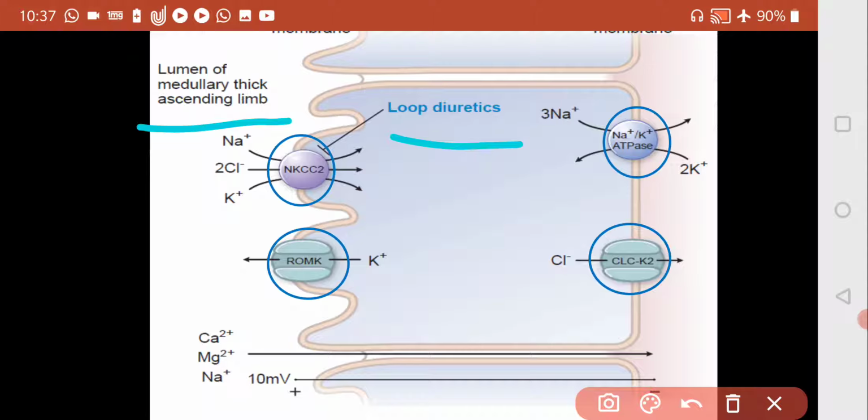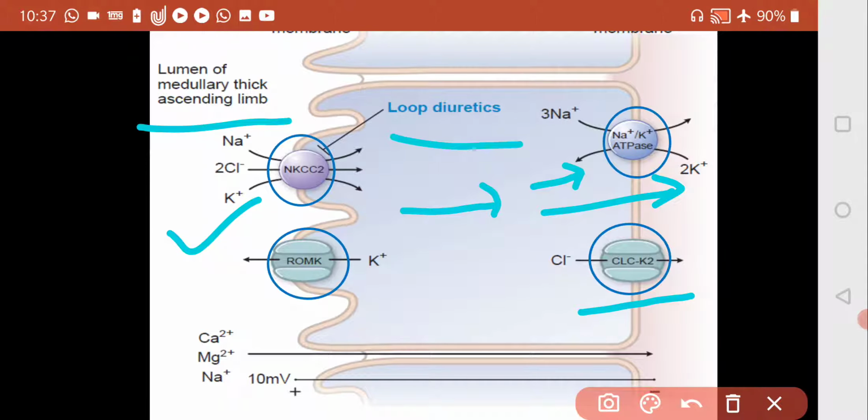Without loop diuretics, there is sodium and potassium reabsorption by this sodium potassium chloride co-transporter. It goes inside the cells, and then the sodium potassium pump sends sodium into the blood. There are two channels: the chloride channel takes chloride from this cell to the blood, and potassium is excreted by the potassium channel.